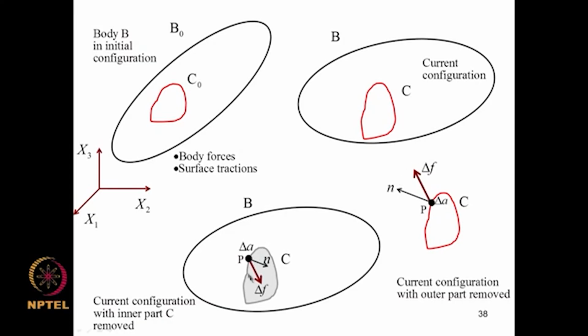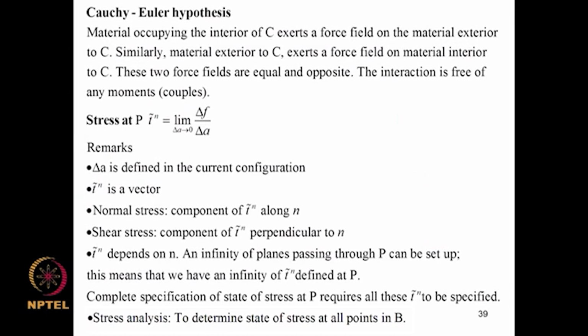For this part, there is a hole here, and n is a unit outward normal and delta F is the force acting on the elementary area delta A at P. Now, the fact that such an internal force system exists is the Cauchy-Euler hypothesis.